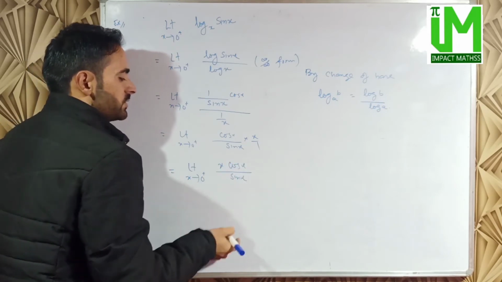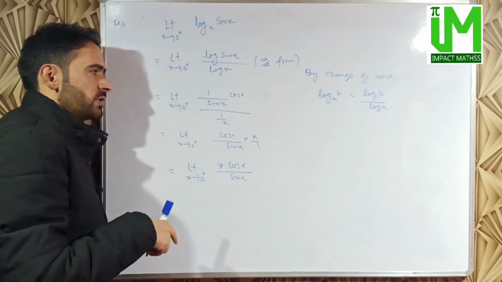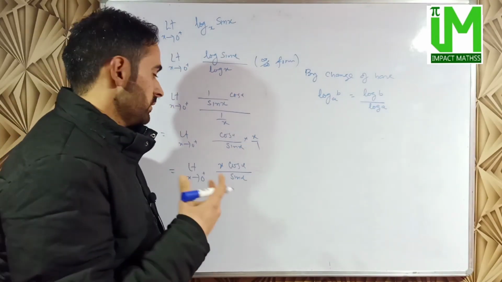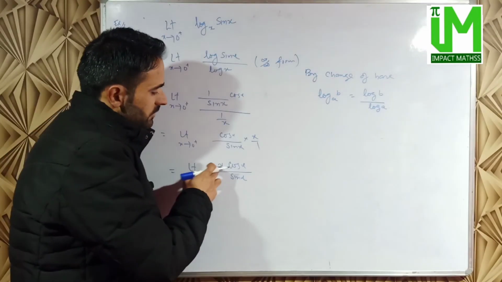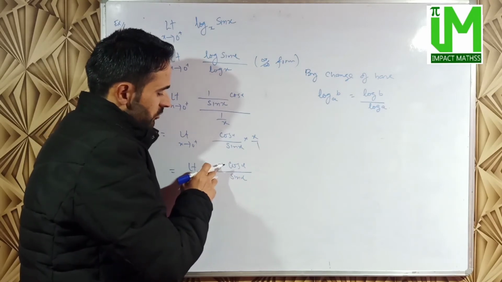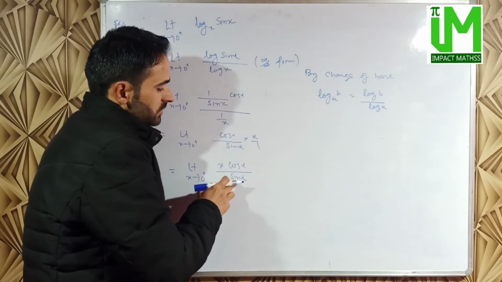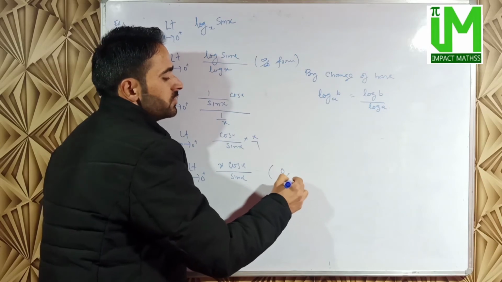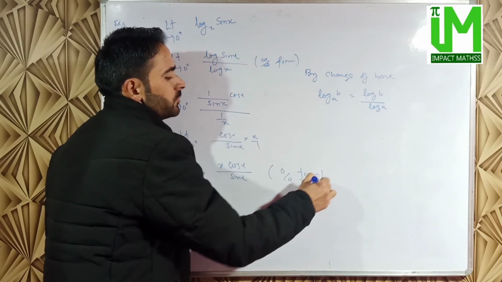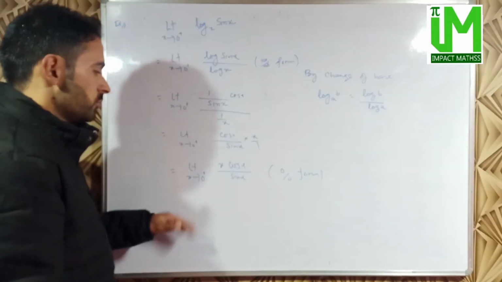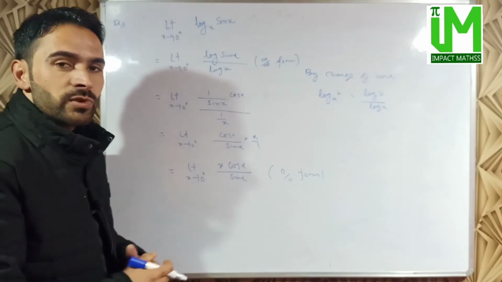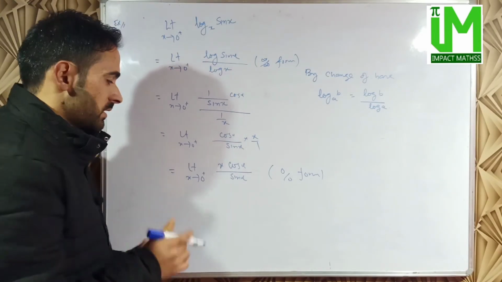Now we'll again check whether this is an indeterminate form of the type infinity by infinity or 0 by 0. So x cos x, x is going to 0, so this will be 0, sine 0 is 0, so this is reduced to 0 by 0 form now. So therefore we can again apply L'Hopital's rule, which means we'll be differentiating numerator and denominator separately.